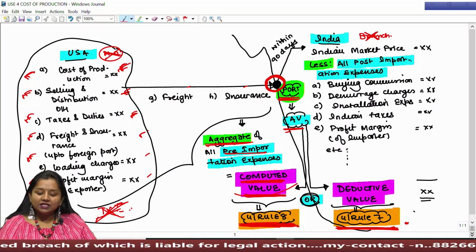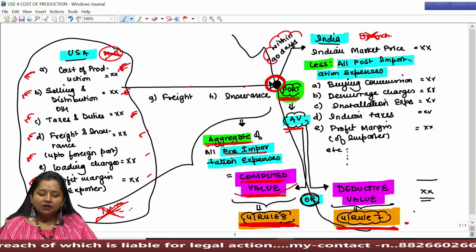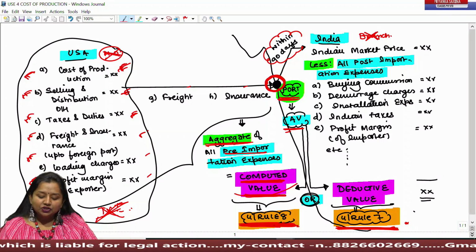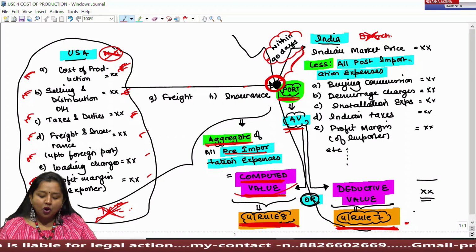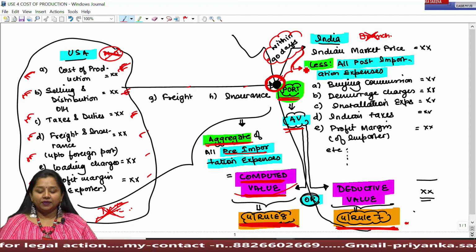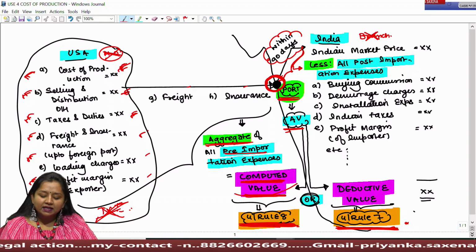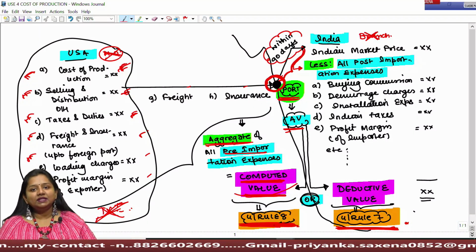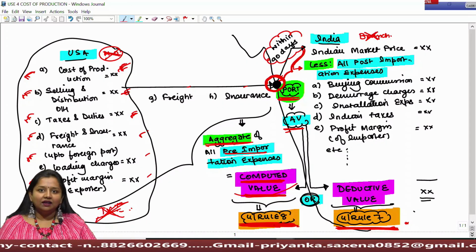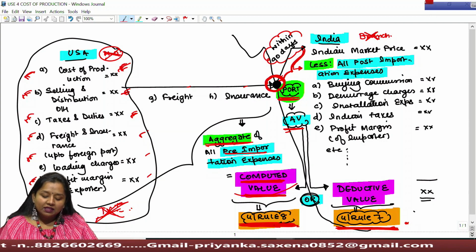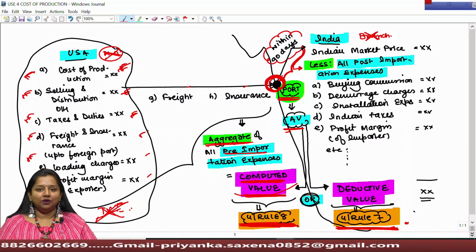If those goods get sold in the Indian market within a period of 90 days, then you will be eligible to deduct all the post-importation expenses therefrom. That is, any expense incurred from the port till the market, all such expenses need to be deducted from the Indian market price so as to determine the value at the Indian port.